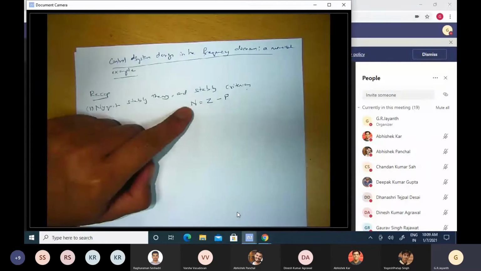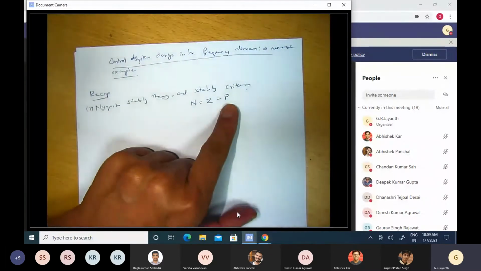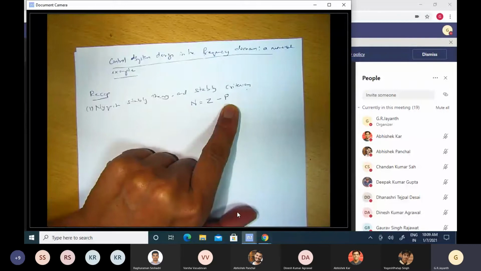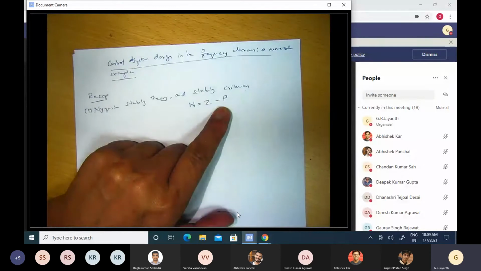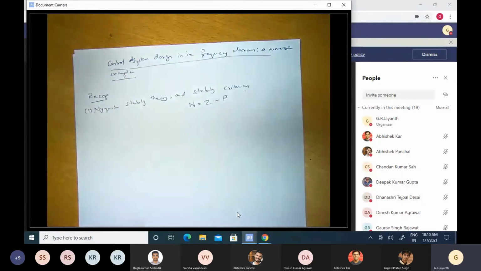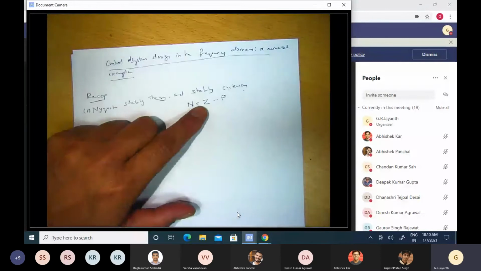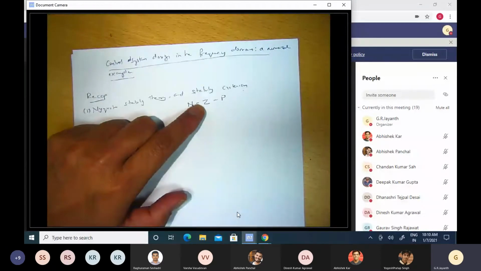So this is something that we can examine by drawing the Nyquist plot. The P is something that it is assumed we know, because the open loop system is something that we would have designed ourselves. So the number of unstable poles on the right half of the complex plane is assumed to be known, and this will allow us to calculate the number of right half plane closed loop poles.